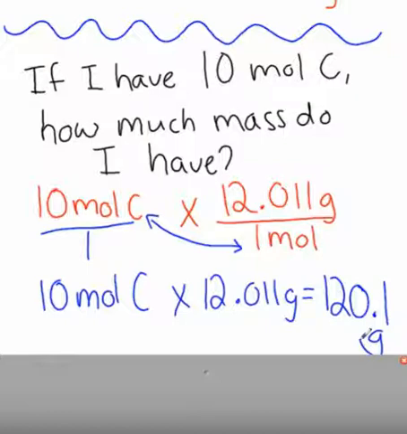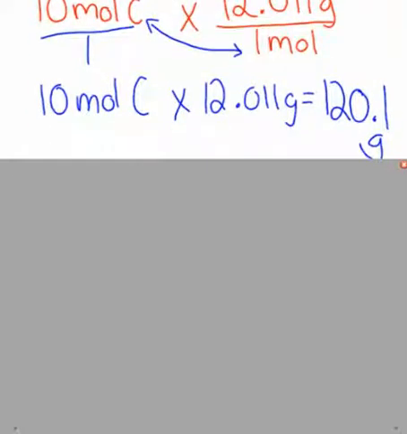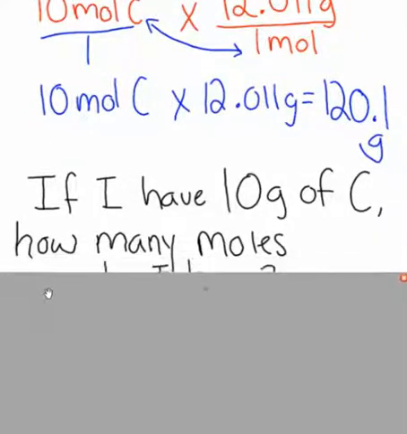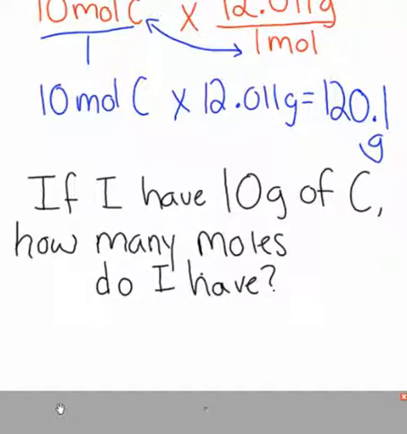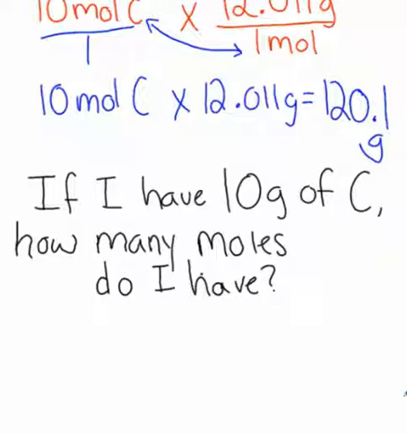Okay, let's try a different problem that's kind of the opposite. Last time we found how much mass it has. Now, if I have 10 grams of carbon, how many moles do I have? So again, just like last time, I'm going to write 10 grams because that's what I know. I'm going to grab a different color.